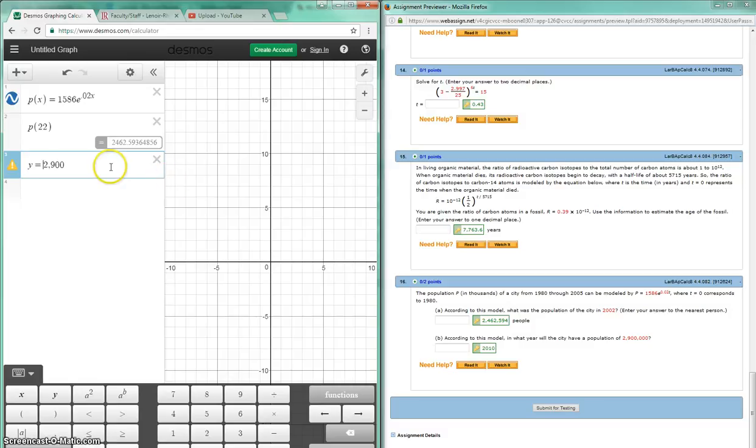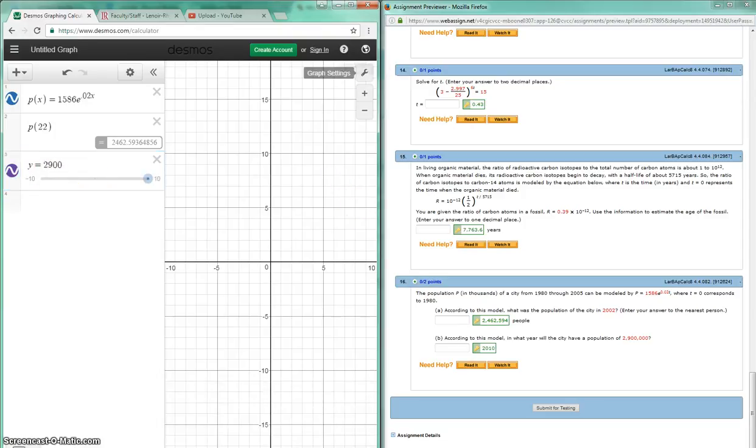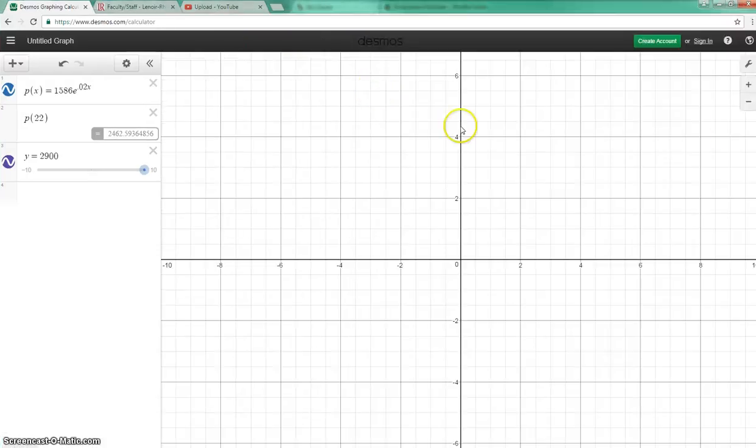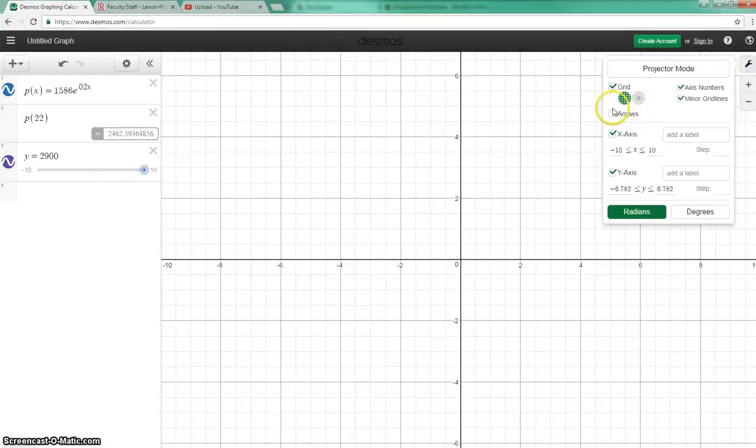So let's look at this. It doesn't like commas. So I get y equals 2,900. So let's graph this to view that intersection. And hopefully, since 1980 to 2010 is 30, we're going to get an x value of 30. So let's see if we can do that.